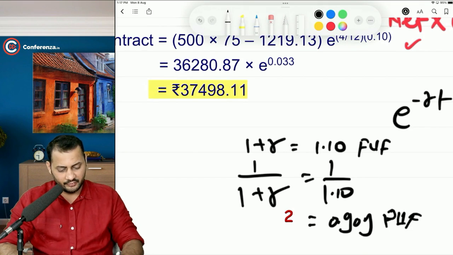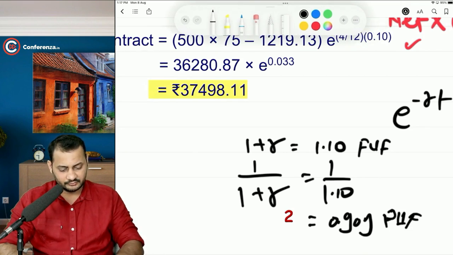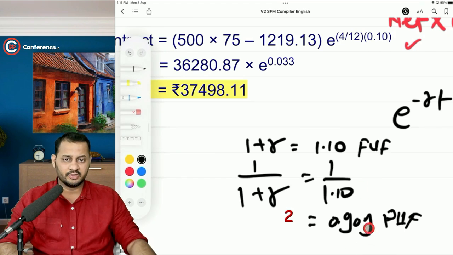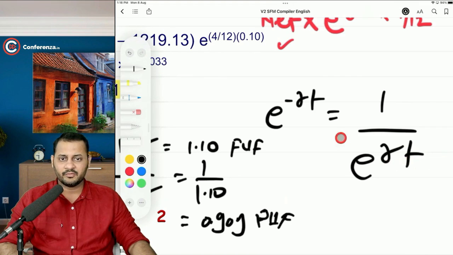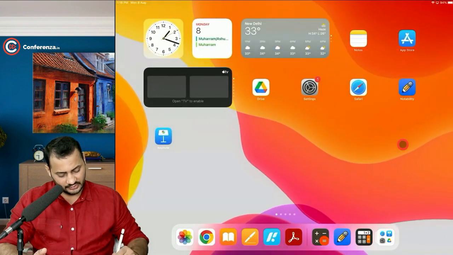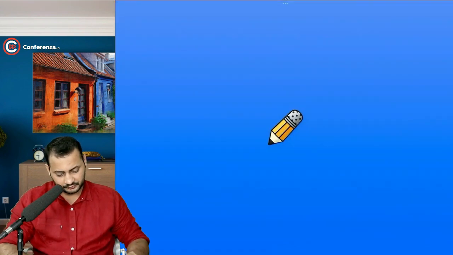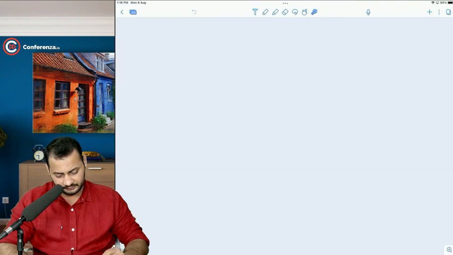Now tell me, how did you convert the future value factor into the present value factor? By reversing the future value factor. So if e to the power RT is the future value factor, the inverse of that will be the present value factor. Now let's look at the answer step by step.